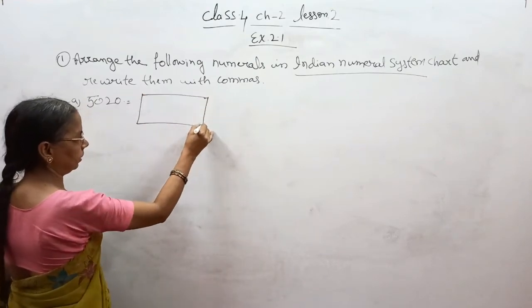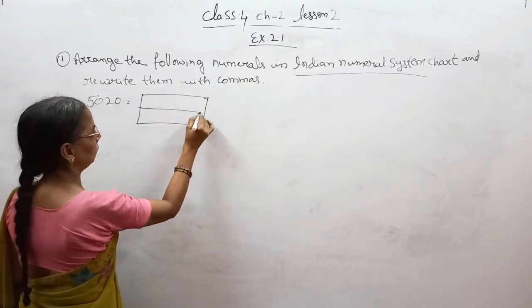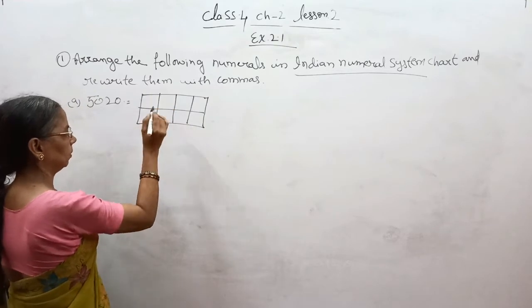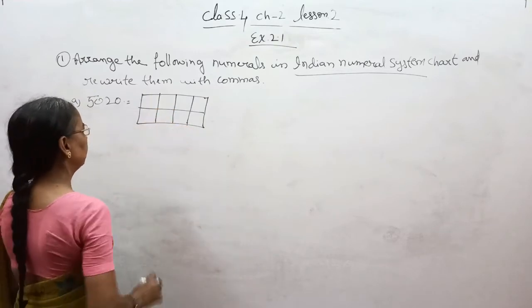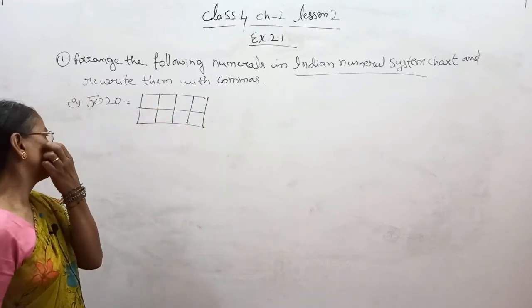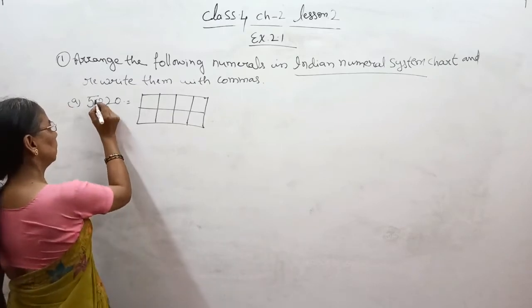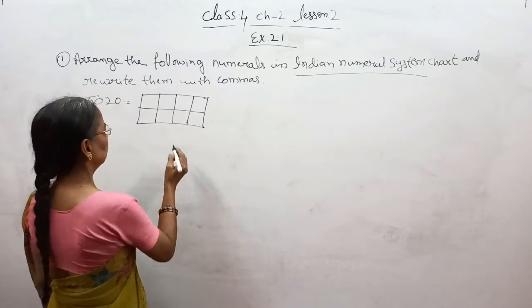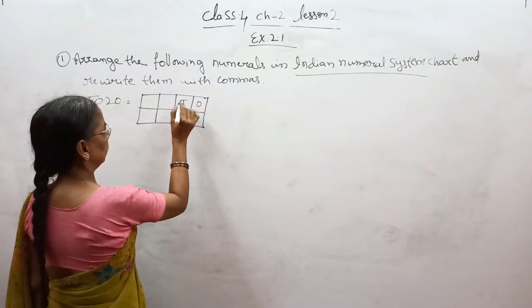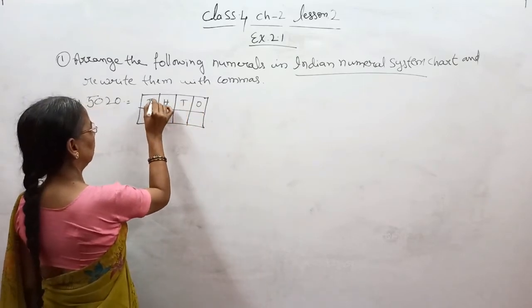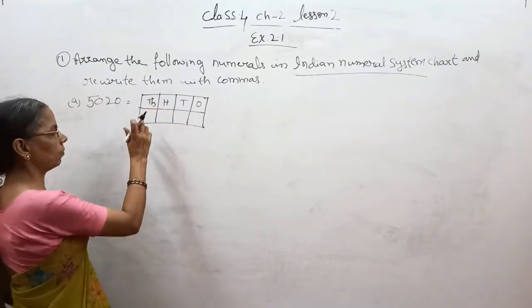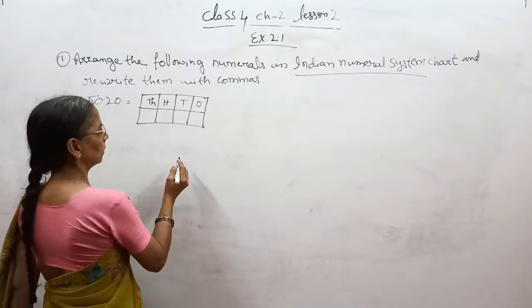I already told in the last class that we have to make this chart, then only we can have an easy method to know the place value of each digit. That is ones, tens, hundreds, thousand. Because here we have 4 digits, we have only 4 boxes.